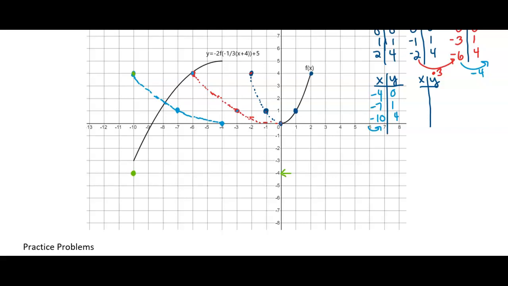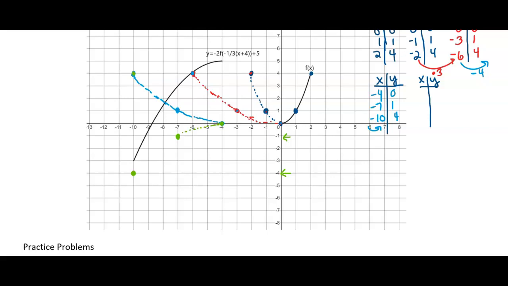And this point that's at negative 7, 1 is going to flip over the axis, and it's now going to be at negative 7, negative 1. And any point that's on the axis just stays on the axis. So this point at negative 4, 0 will just stay right there. And then this is my new curve.